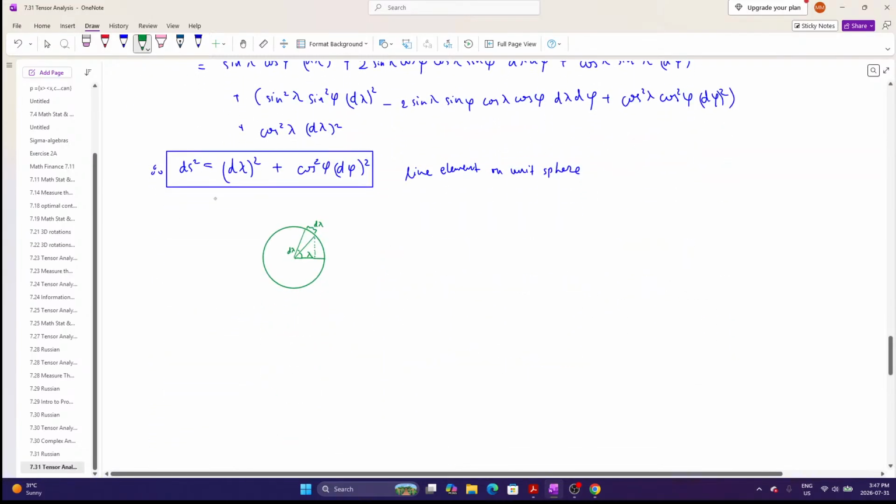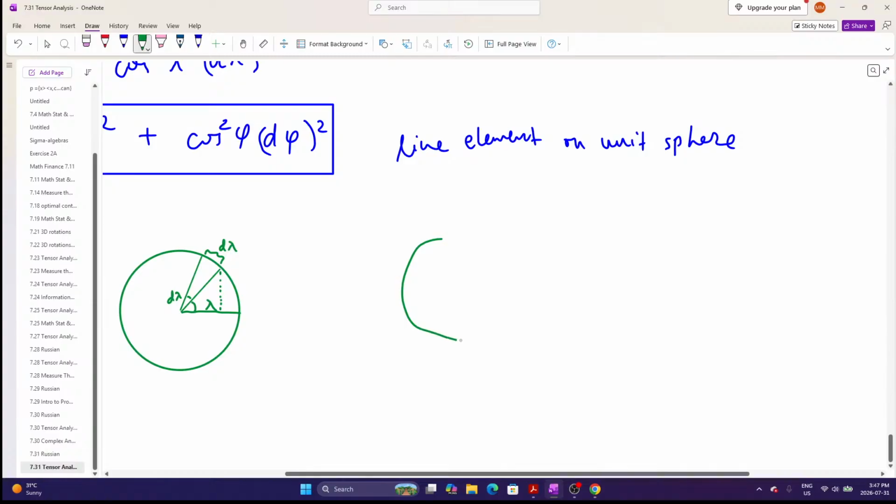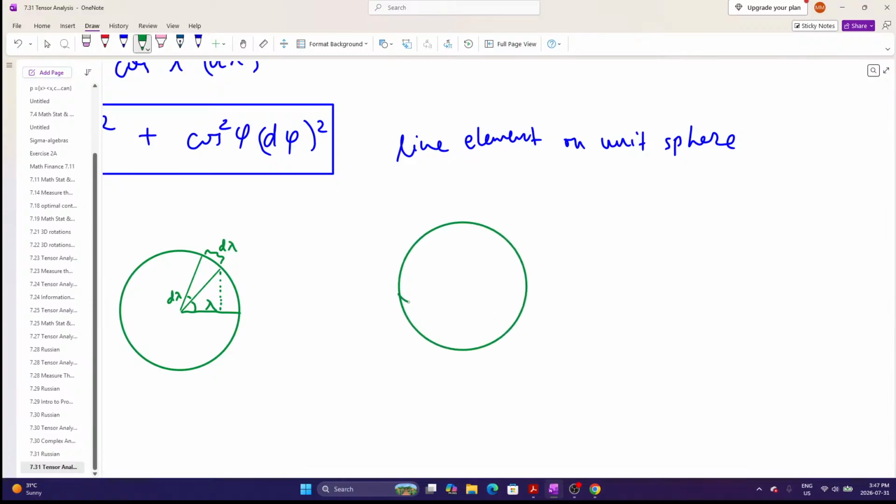We need another 3D picture here. Let me zoom in a little bit. So this is a sphere, and we're going to draw the 3D perspective. That's the equator. Actually, we don't need the x, y, z axes, so let's forget about them.